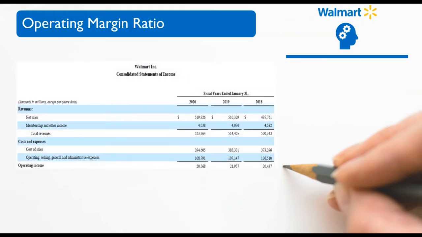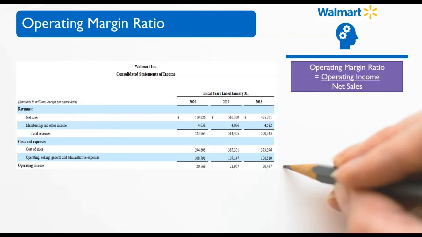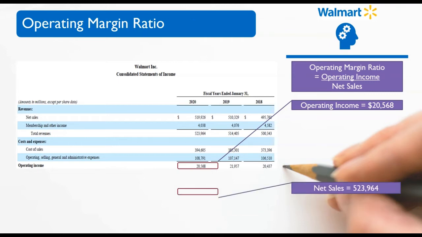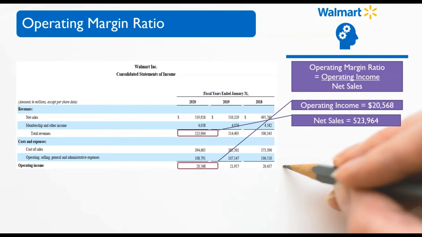Now, let's see how this looks for Walmart. Using the same formula of taking operating income over net sales, we see that Walmart's operating income is $20.6 billion, and its net sales for the year is $523.9 billion. When we calculate that ratio, we get an operating margin ratio of 3.93.